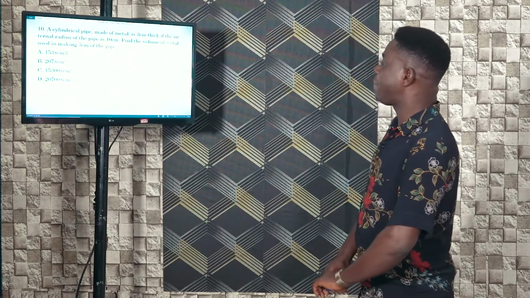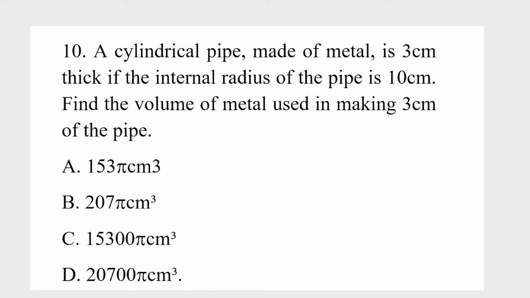Question number 10. A cylindrical pipe made of metal is 3 centimeters thick. If the internal radius of the pipe is 10 centimeters, find the volume of metal used in making 3 cm of the pipe. Okay, so this will be something like this.